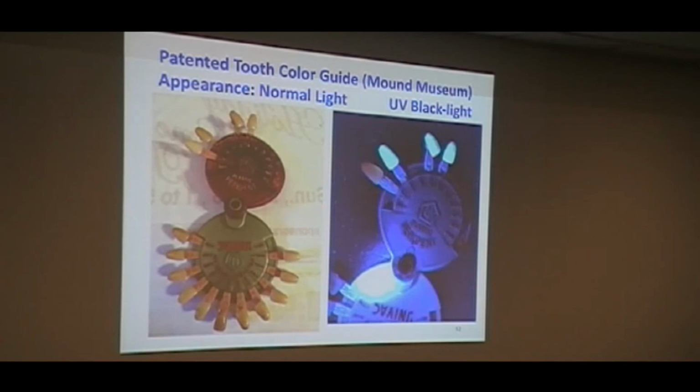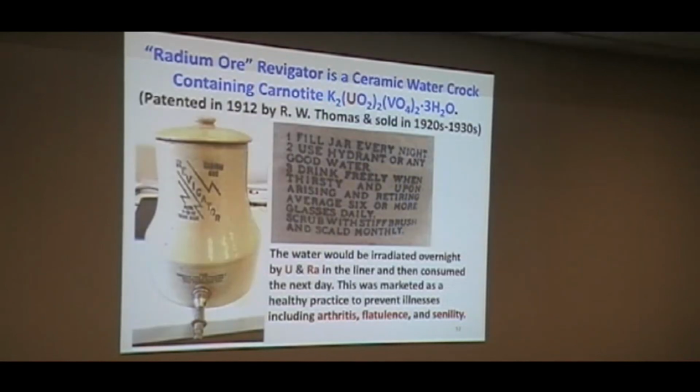There we go. So, anyway, next is an example which is a radium ore revigorator. This is a jar. It was patented in 1912, and it uses uranium ore. Now, they say radium on it, well, there's a little bit of radium in there, but it's basically the uranium ore made into a ceramic.